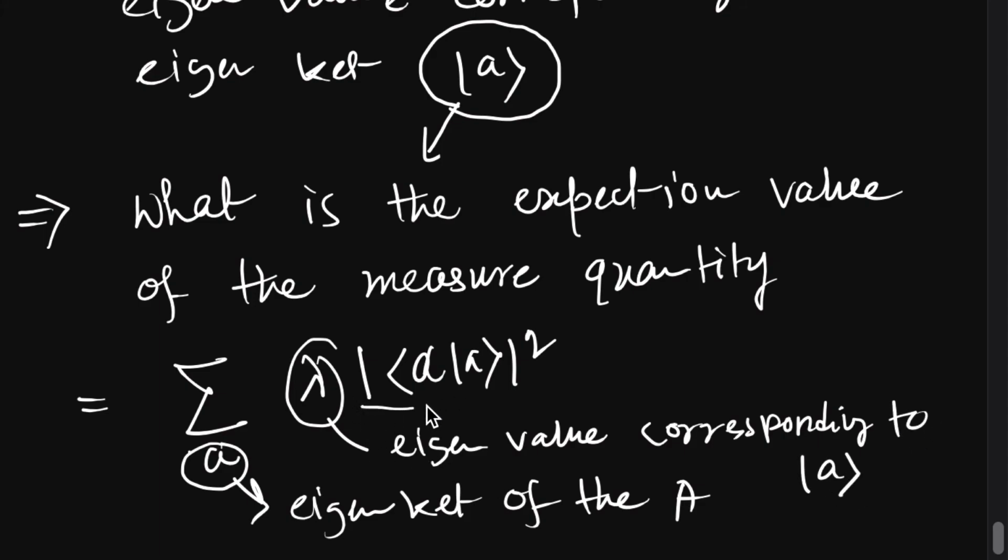Now this is the probability of measuring lambda as a result of the experiment.